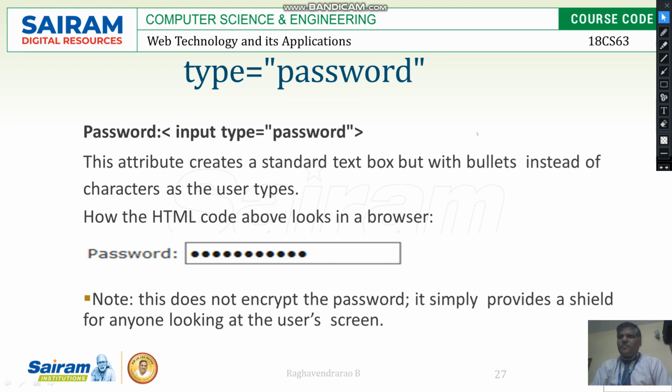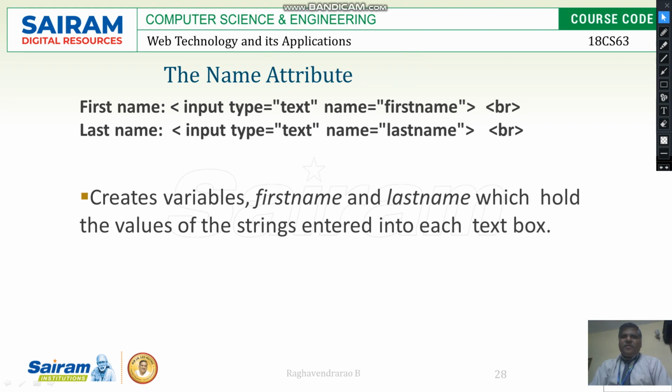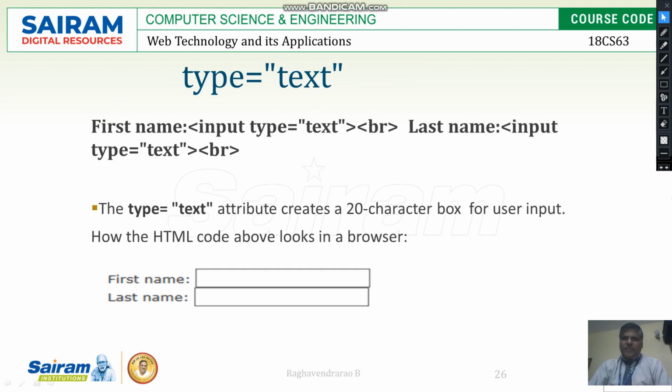This is a password. Then we have the text boxes. I am going to give a name, because otherwise, is there any difference between this text box and this text box? No difference at all. So I have to give a name for this.